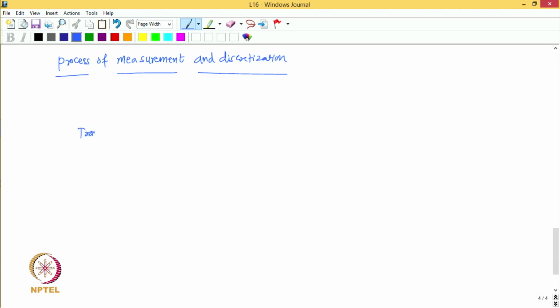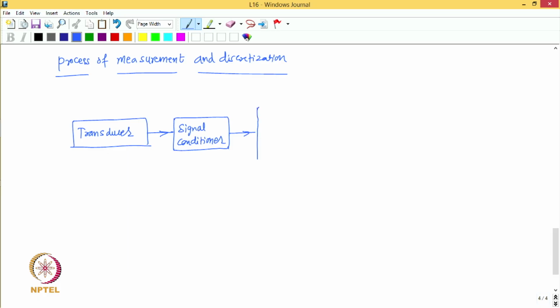First we have the transducer, then we have signal conditioner, then we have analog to digital converter, so this is nothing but A to D converter, and the function of the A to D converter can be represented by two processes, and for the purpose of explanation I am representing it as two processes in sequence.